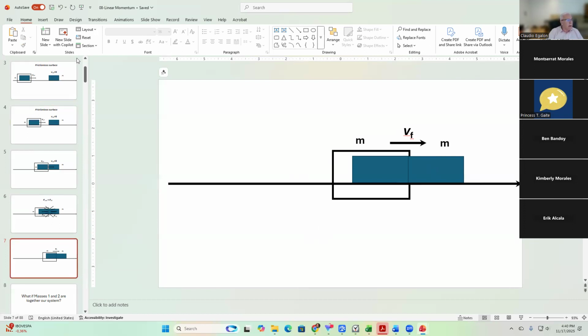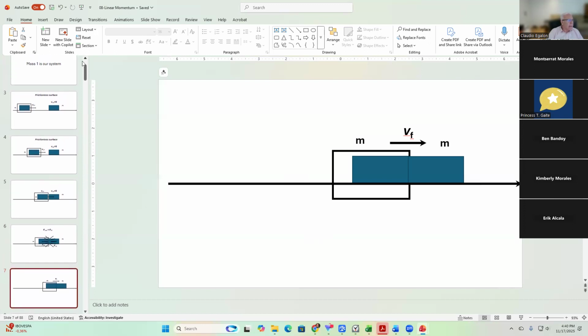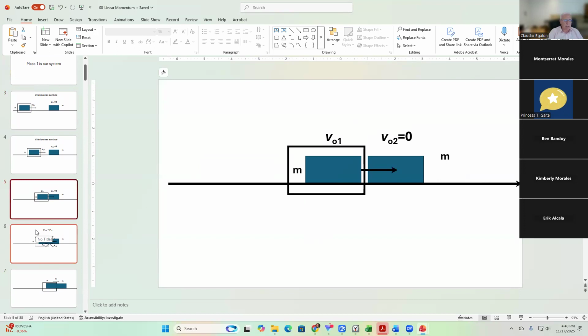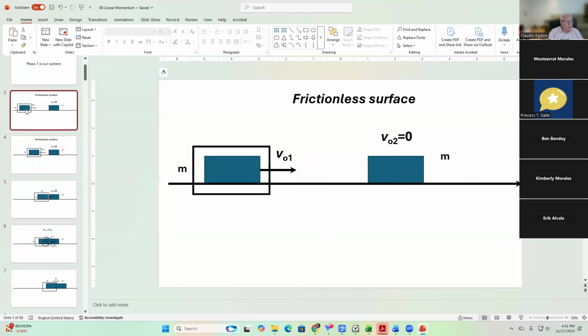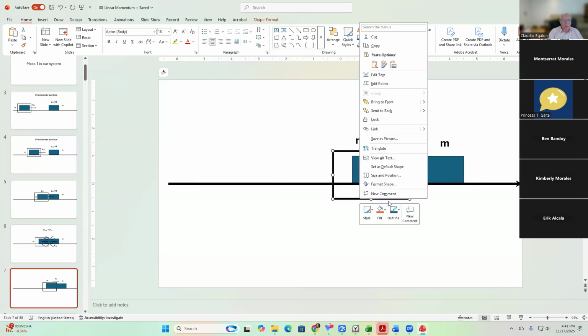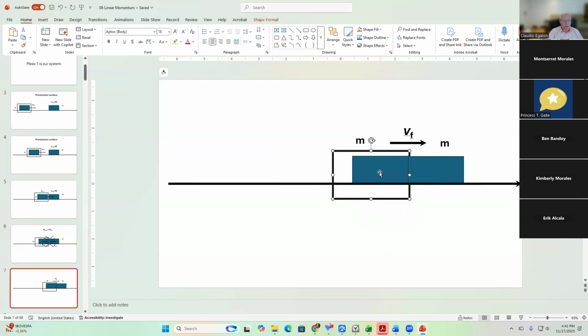But you can see clearly that between this instant of time and this instant of time, you do have conservation of linear momentum for mass number 1 alone. But between this instant of time and this other instant of time, linear momentum is not conserved for mass number 1, because the whole system changes its speed.